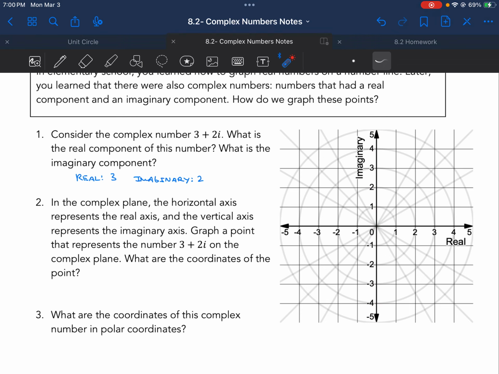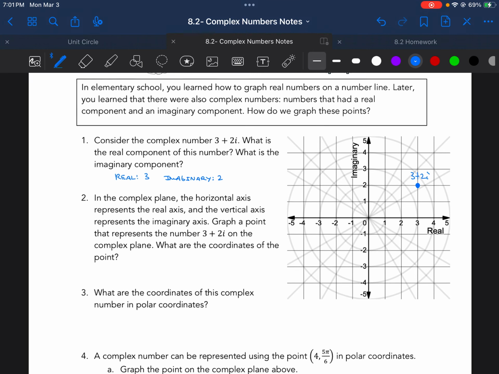So if I wanted to plot the complex number 3 plus 2i, since the real part is 3, we would go 1, 2, 3 on the real axis. And since the imaginary component is 2, then we would go 1, 2 on the imaginary axis. So this right here would be our point 3 plus 2i.